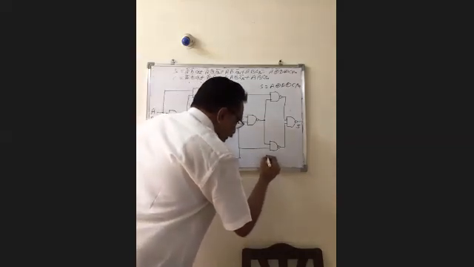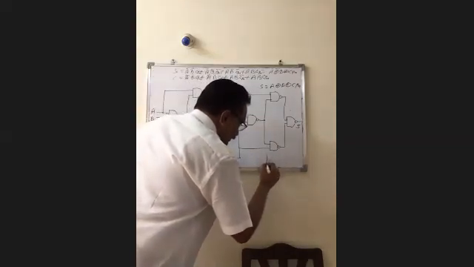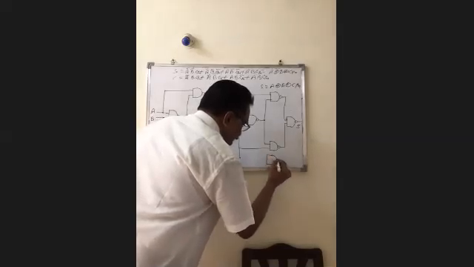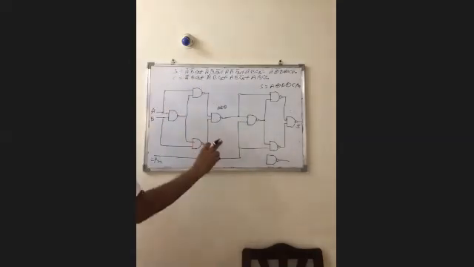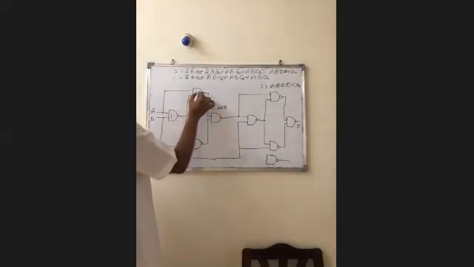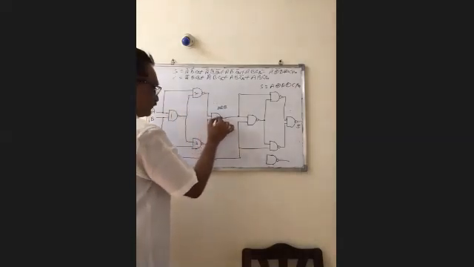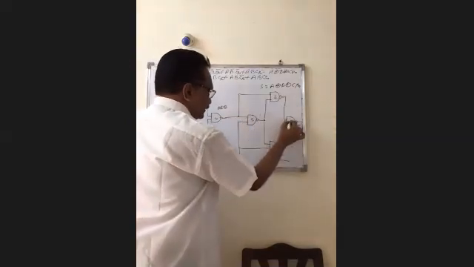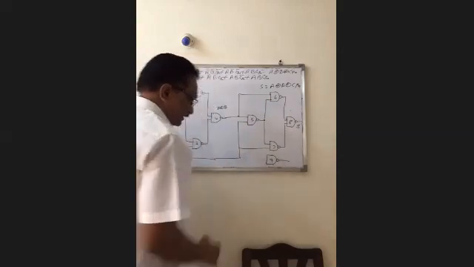For the carry output, connect one NAND gate here. For this NAND gate, one of the inputs is the output of another NAND gate. For example, if it is 1, 2, 3, 4, 5, 6, 7, and 8, this is the 9th NAND gate.